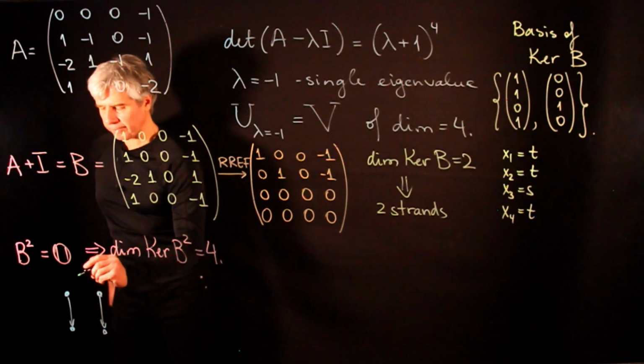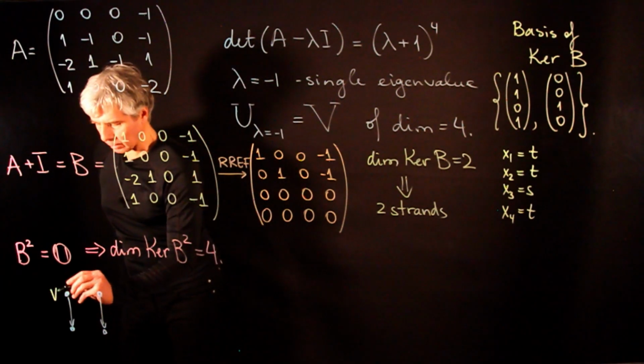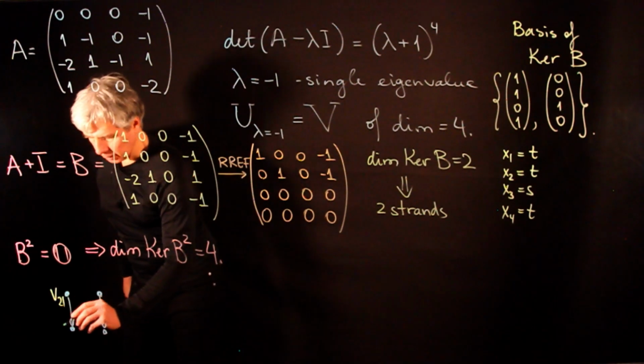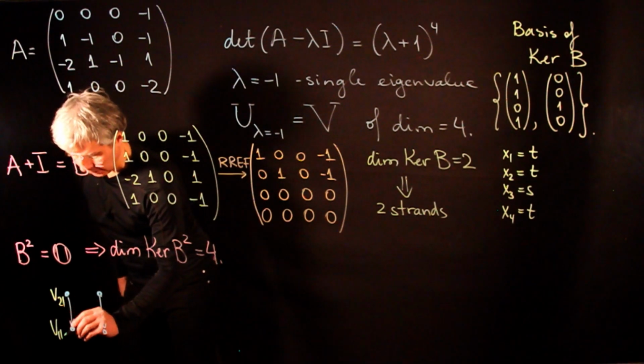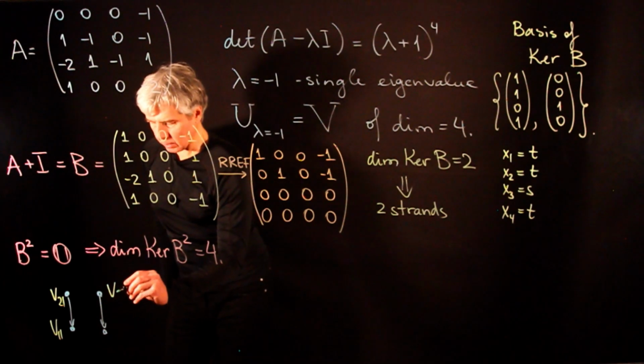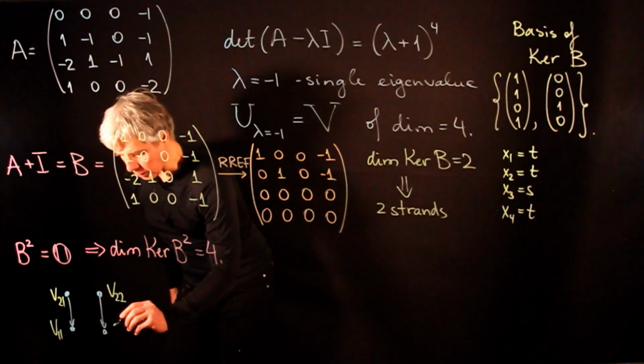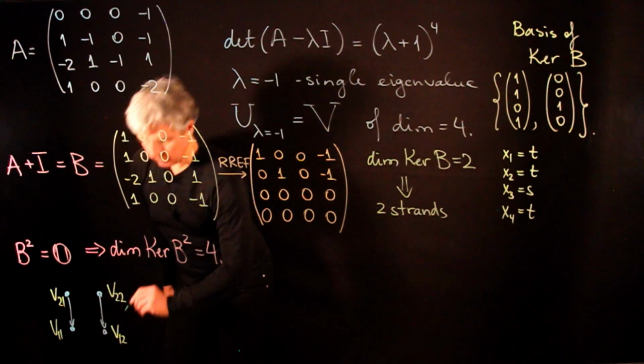Let us label the vectors here. We have v21. Down at the bottom we have v11. This vector is v22. And at the bottom here we have v12.